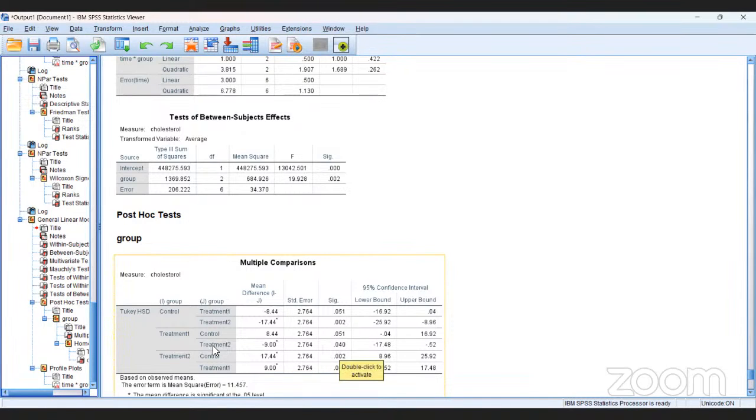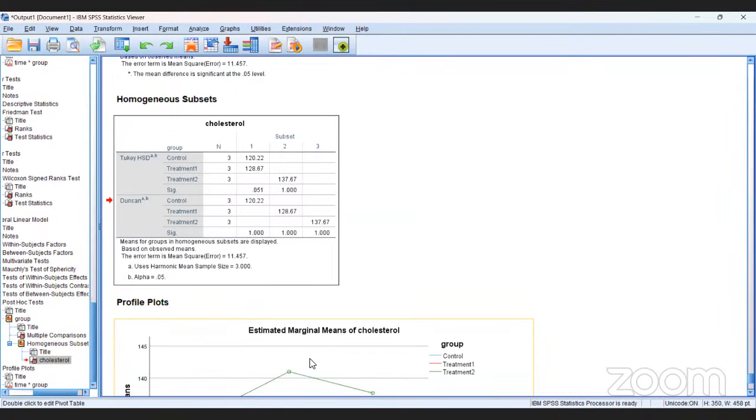So treatment 1 versus treatment 2 and treatment 3 versus control 0.002, and treatment 2 versus treatment 1, you will get the significant difference. So in this manner, you can tell whether your group is significant or not. So this part is vital.